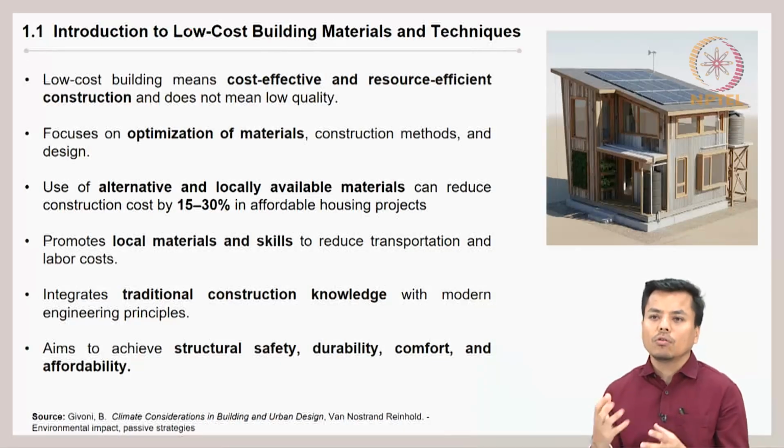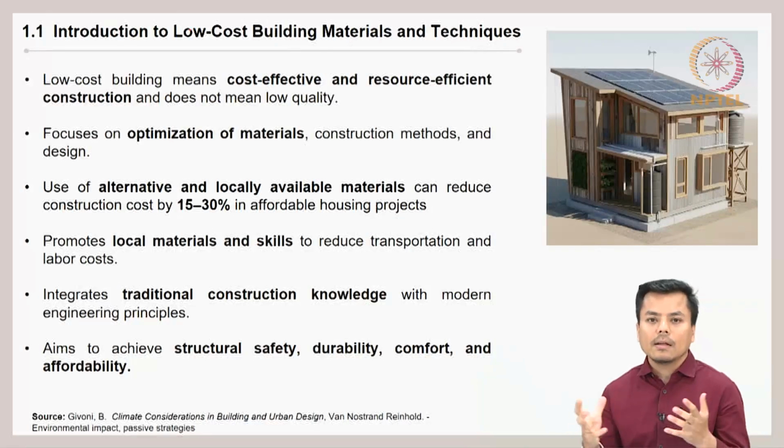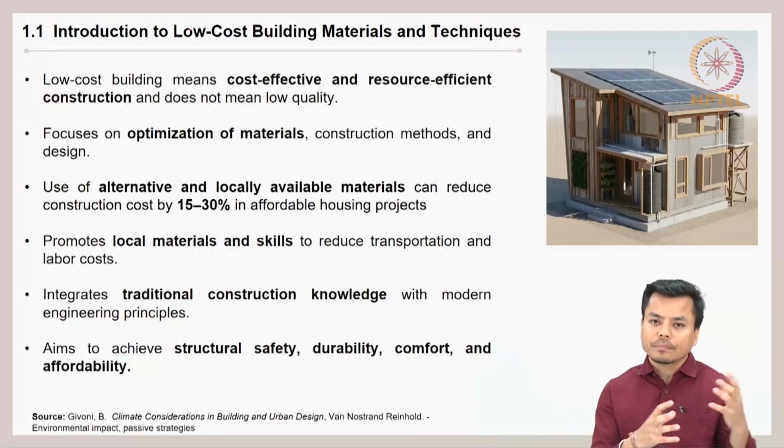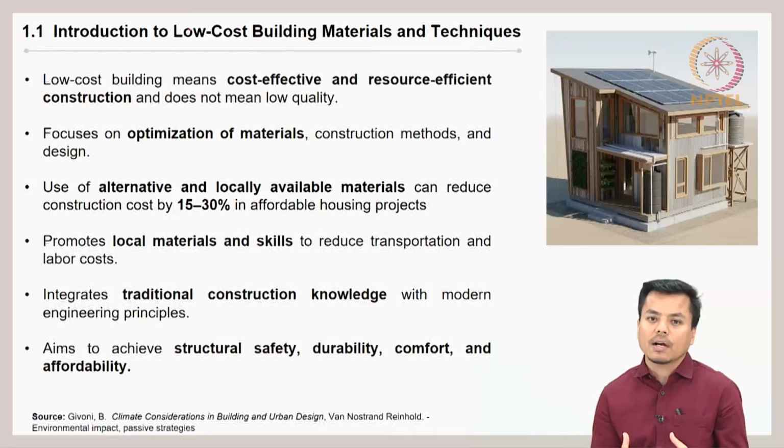It is something to do with nature itself, that the material available in a particular region has something to do with the climate also, and that is why stone houses in Rajasthan provide much better comfort than any RCC construction in Rajasthan.